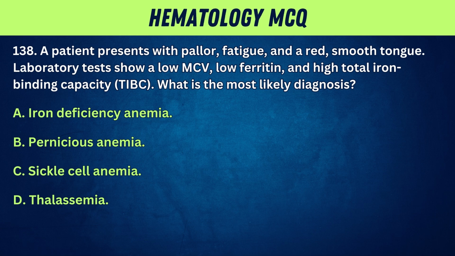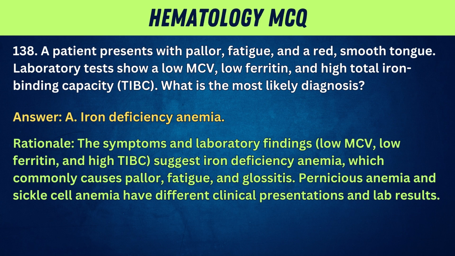D. Thalassemia. Answer: A. Iron deficiency anemia. Rationale: The symptoms and laboratory findings, low MCV, low ferritin, and high TIBC, suggest iron deficiency anemia, which commonly causes pallor, fatigue, and glossitis. Pernicious anemia and sickle cell anemia have different clinical presentations and lab results.